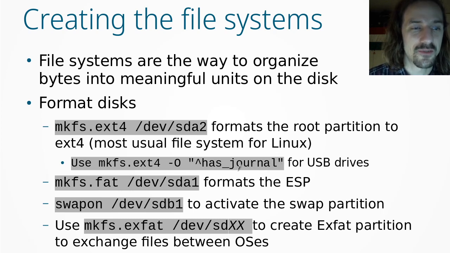So ext4 in general is a journaling file system, which means that a lot of information is first written at a journal space on the disk, and then once everything is written at the journal, this file will be written at its final location.